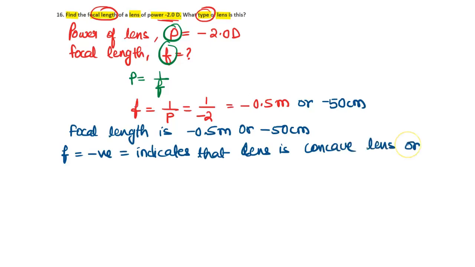Why is it so? A concave lens is also known as what lens? That is a diverging lens. So we are going to write both, concave lens or diverging lens.